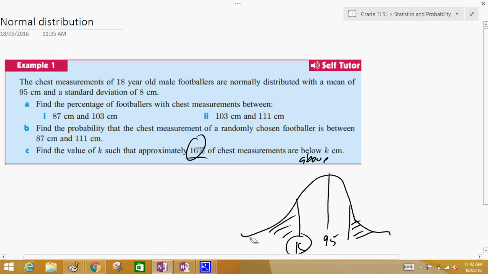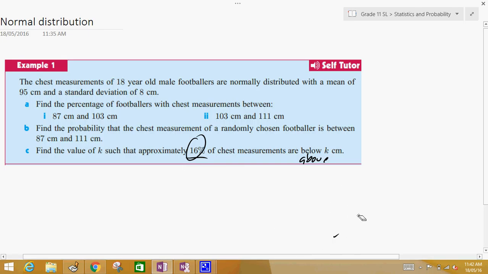The last kind of question is when you don't have the mean or the standard deviation. In order to do that kind of question, what you have to do is convert it by using this formula. Z is equal to x minus the mean divided by the standard deviation.